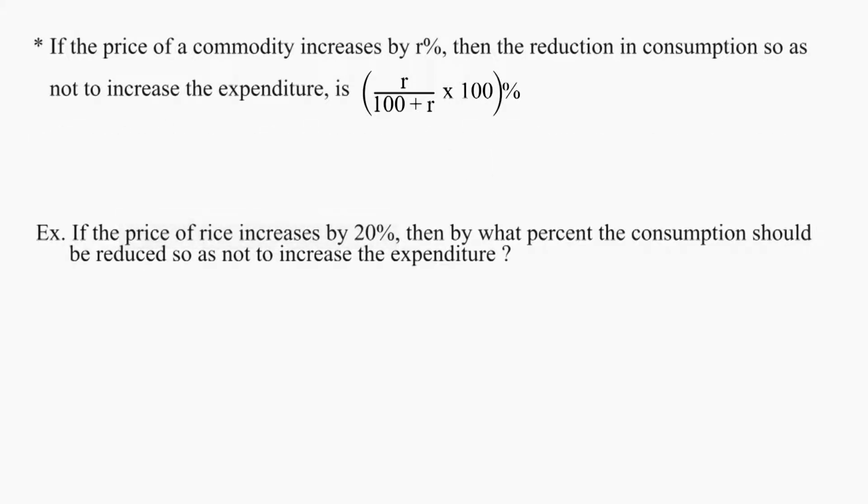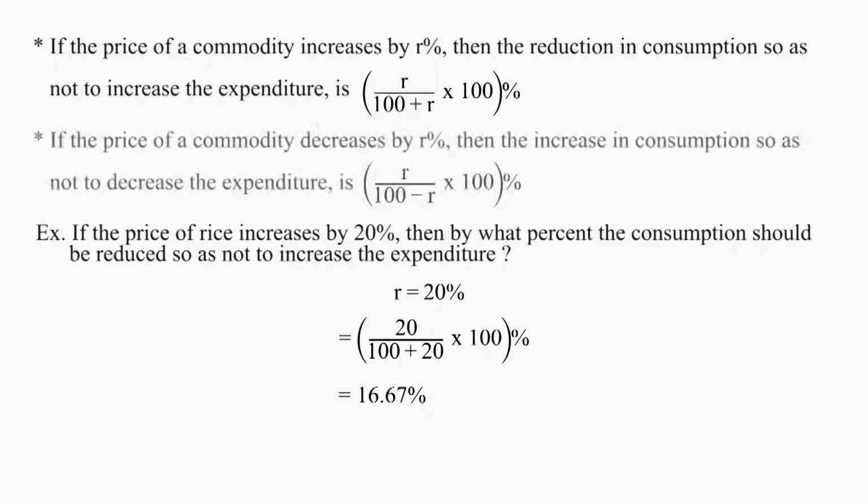Here, R equals 20, so the required percentage of reduction of consumption is given by 20 by 100 plus 20, into 100%. On further simplification, we get the required percentage as 16.67. Similarly, we can use case 2 when the price of the commodity decreases by a certain percentage.